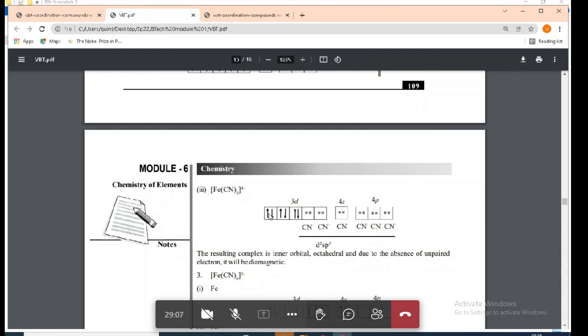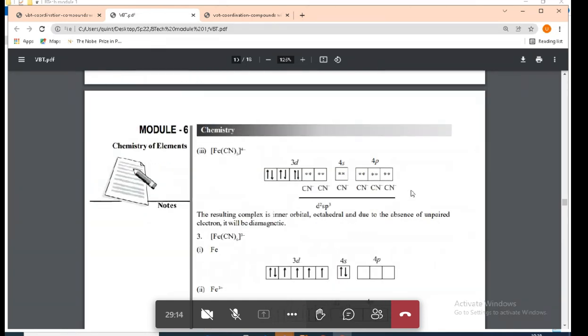By experimental value, you found that this is diamagnetic. So you have d2sp3 hybridization taking place, and since a 3d orbital is involved, you say that it is an inner orbital or inner sphere complex. It is diamagnetic, so it is d2sp3.